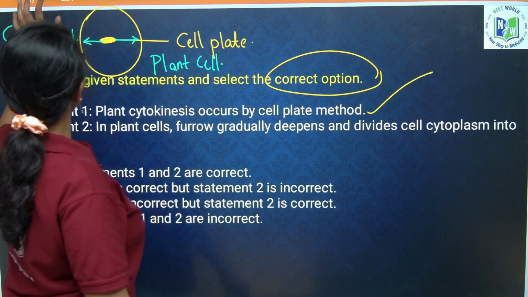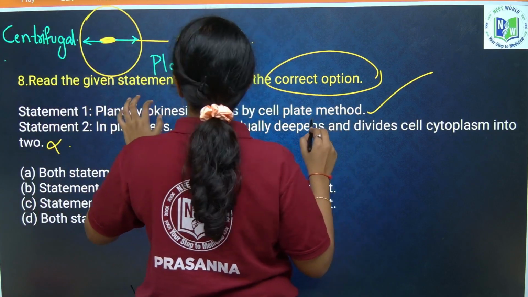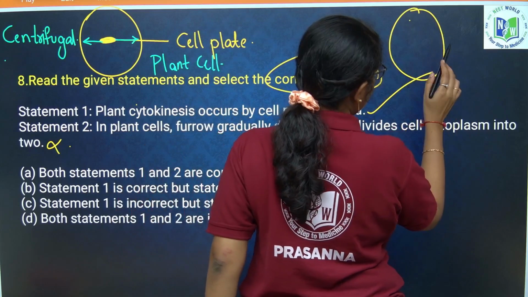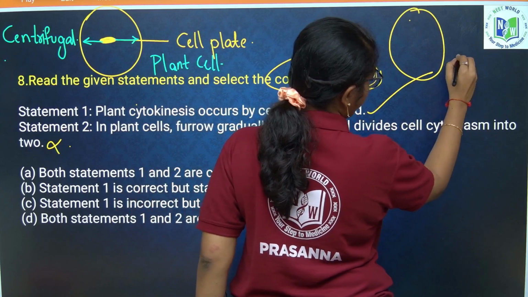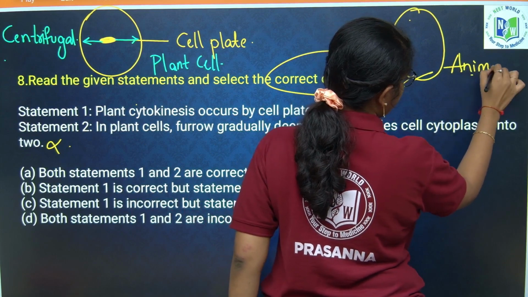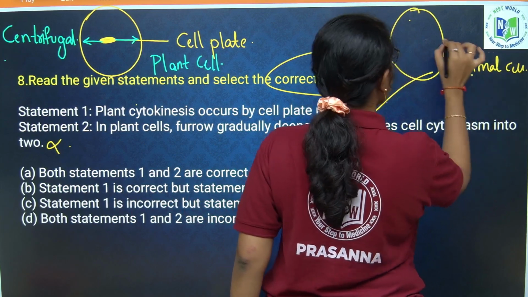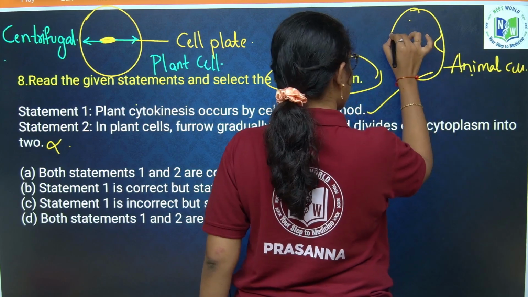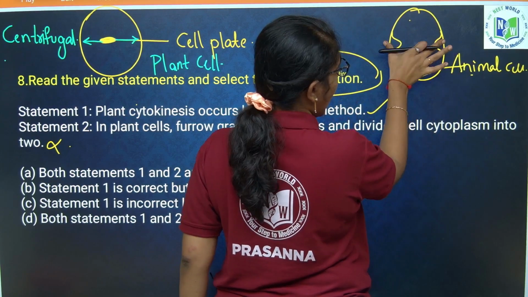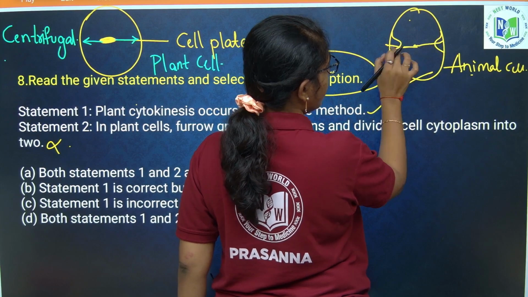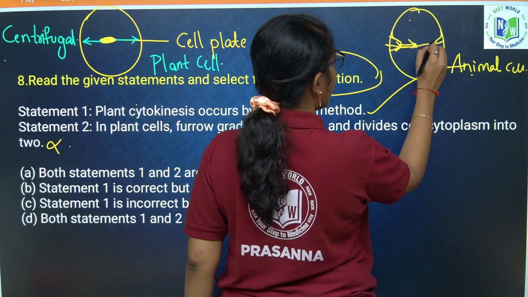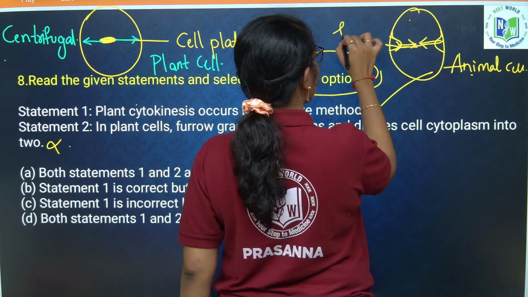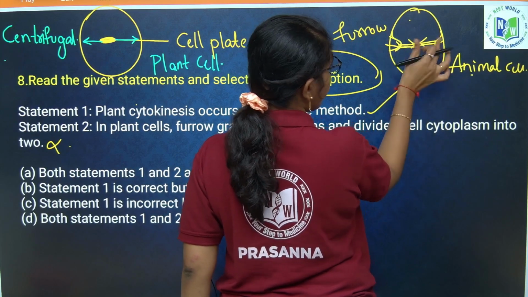If you look at an animal cell, the cell deepens inside from the side and forms a furrow. It deepens inside from the periphery.